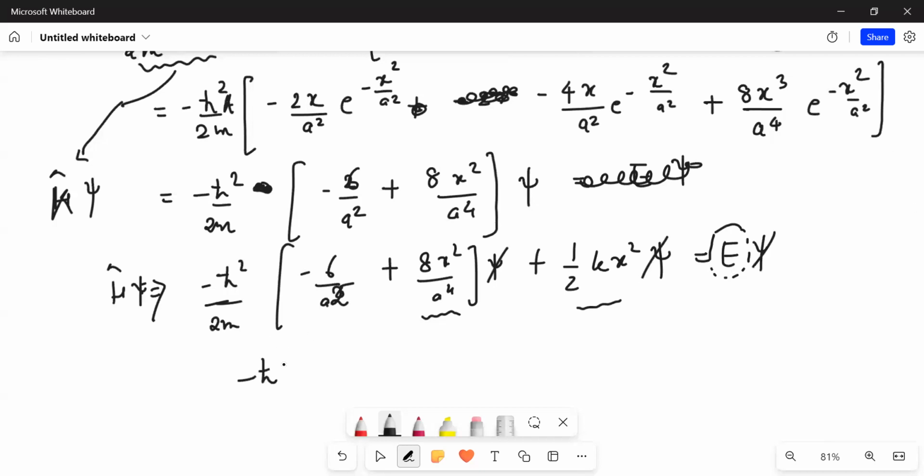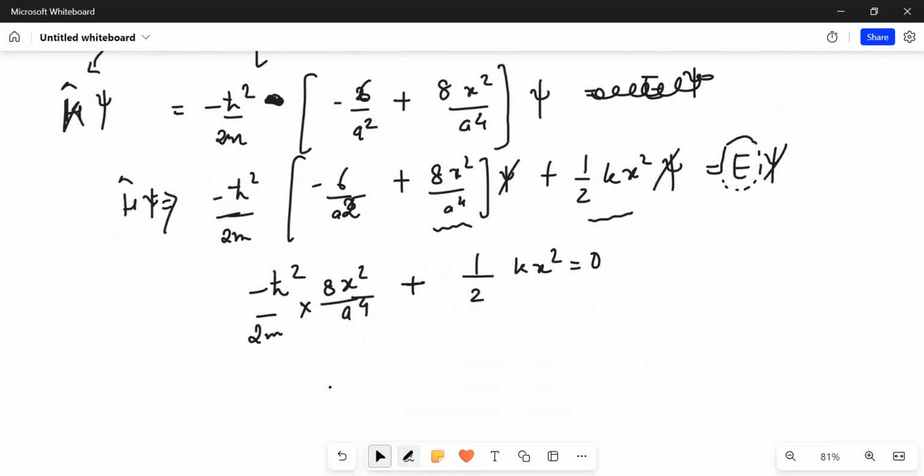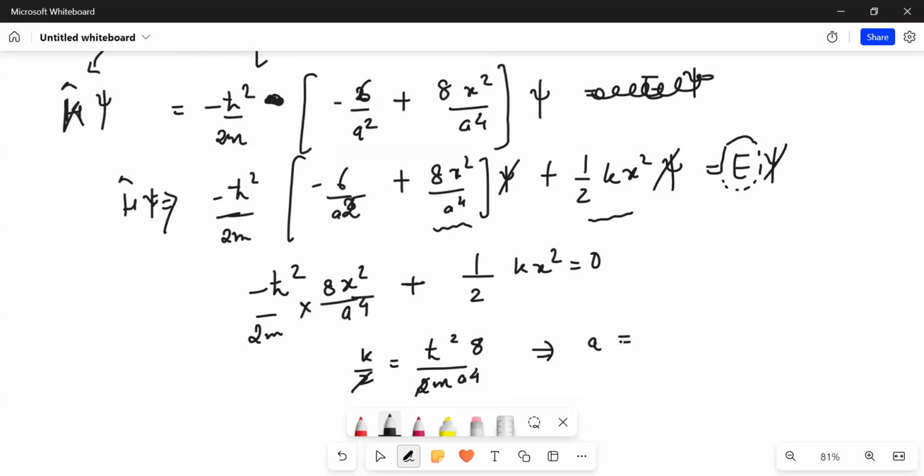So you'll get minus h bar squared upon 2m times 8x squared upon a raised to power 4 plus half kx squared. This should be equal to 0, which implies that k upon 2 should be equal to h bar squared upon 2m a raised to power 4 into 8. So this 2 gets cancelled. And we want to find the value of a. So the value of a would be simply... there are some mistakes in there.